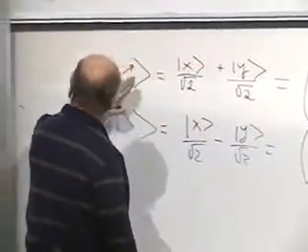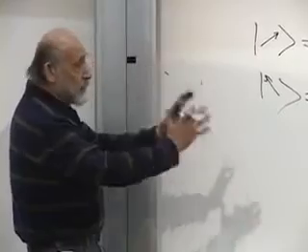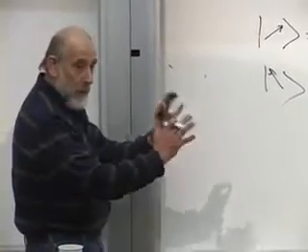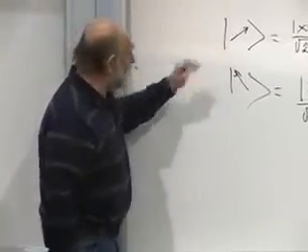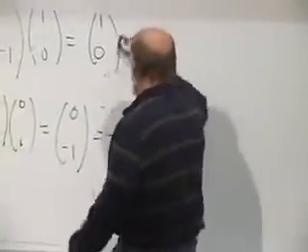Okay. What is the probability that if I create this polarization and then send it through the vertical polarizer, the y polarization, it goes through? Well, of course, the answer is a half, but let's do it by using the rules of quantum mechanics.